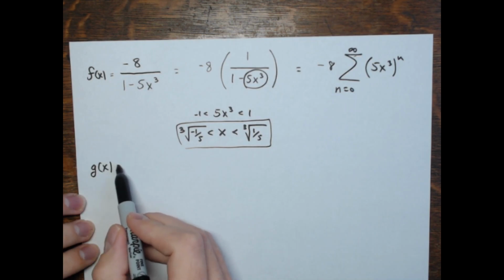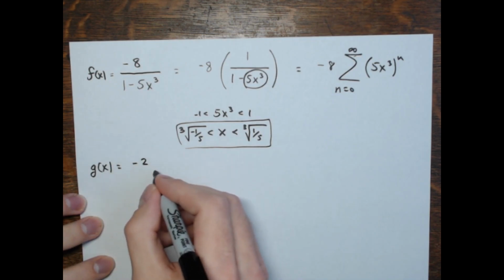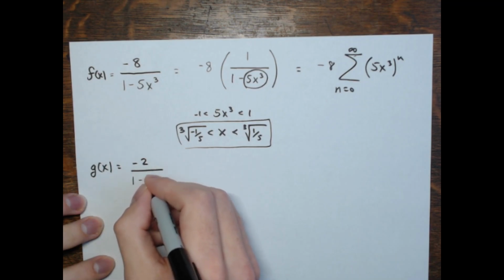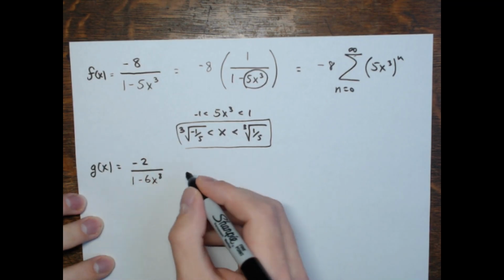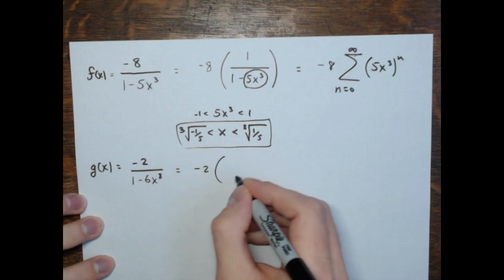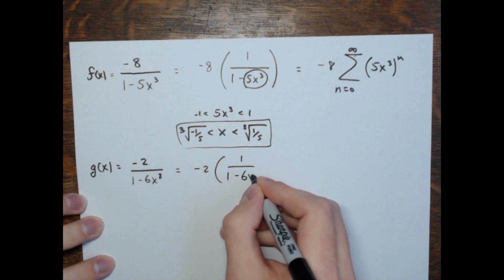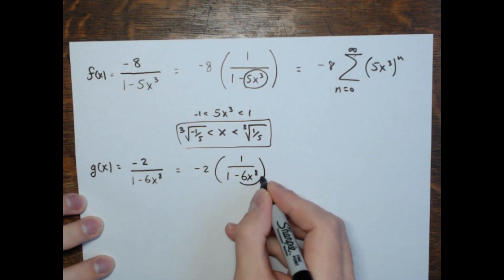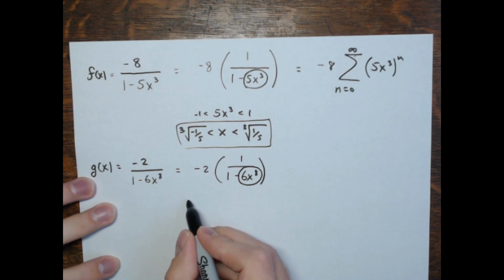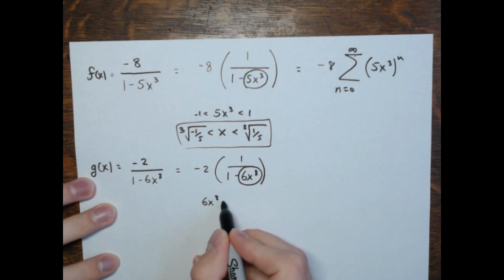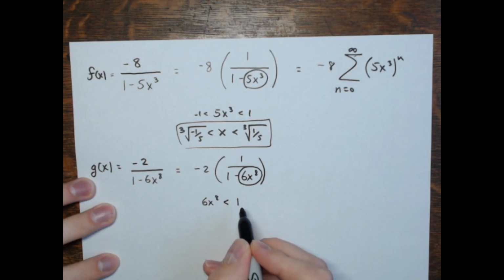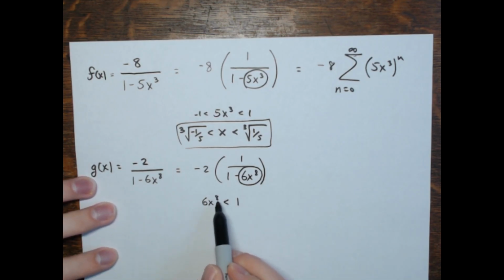The other function g they gave us is -2 over 1 minus 6x to the 8th. Again, I can think of this as -2 times 1 over 1 minus something, and the expression in the box here is 6x to the 8th. When 6x to the 8th is between -1 and 1, because x to the 8th is an even power of x, this will never be below 0. So we have 0 less than or equal to x to the 8th less than 1/6.